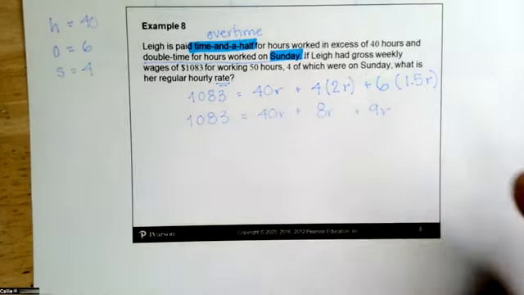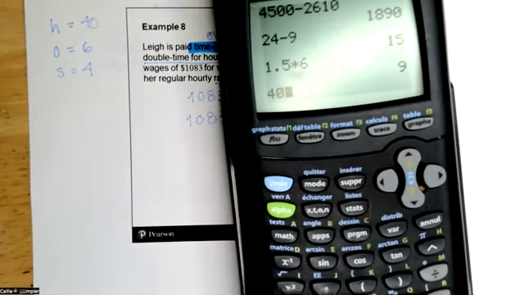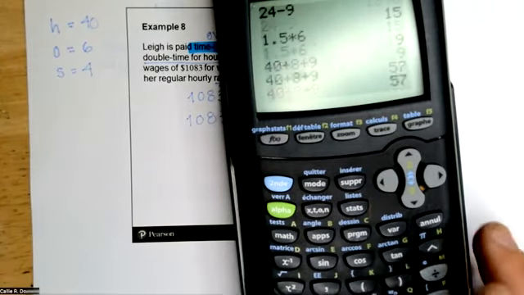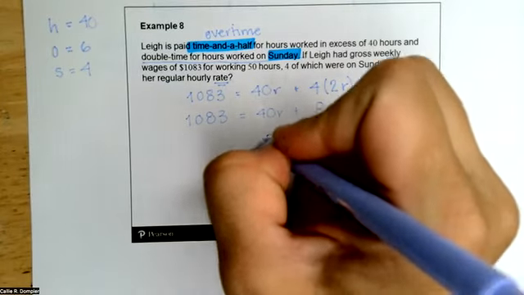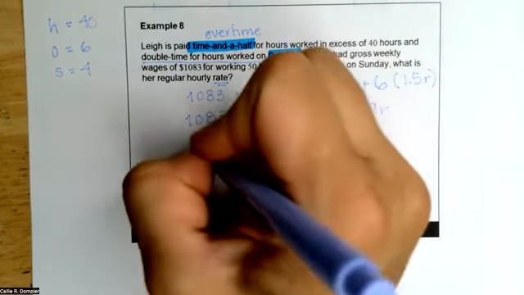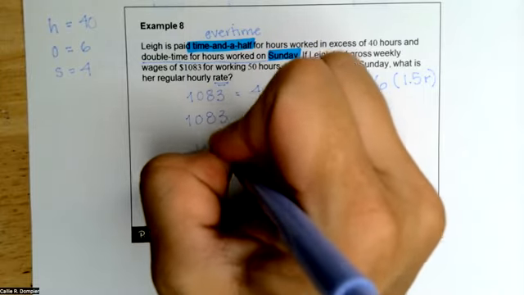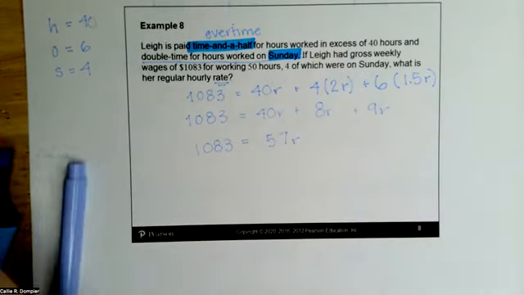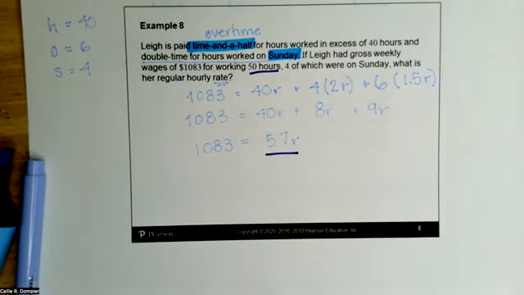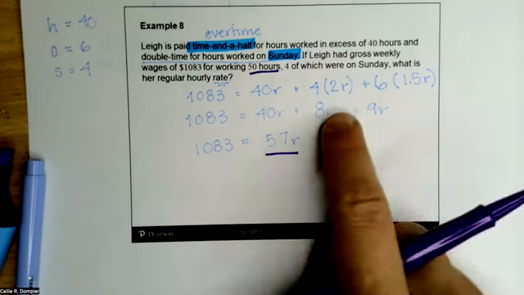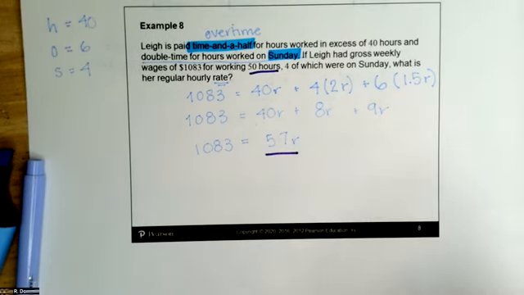I can combine those. 40 plus 8 plus 9 is 57. So she worked 50 hours, but she's going to get paid for 57 of those hours. Good, because some of them were overtime and some of them were Sunday pay.